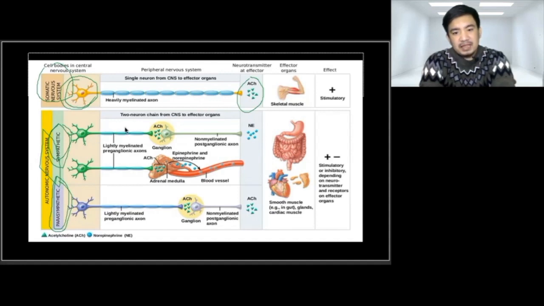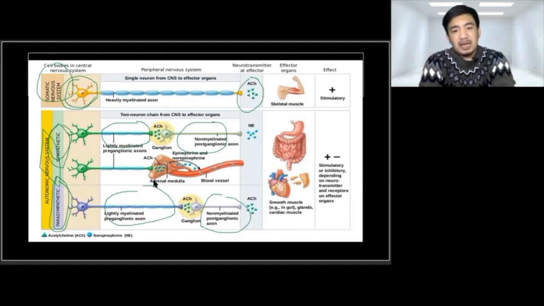under the sympathetic, okay, the preganglionic is short. It is long under the parasympathetic. And the postganglionic axon of the sympathetic is long, while the postganglionic of our parasympathetic is short. Okay? But what characteristic do they share?